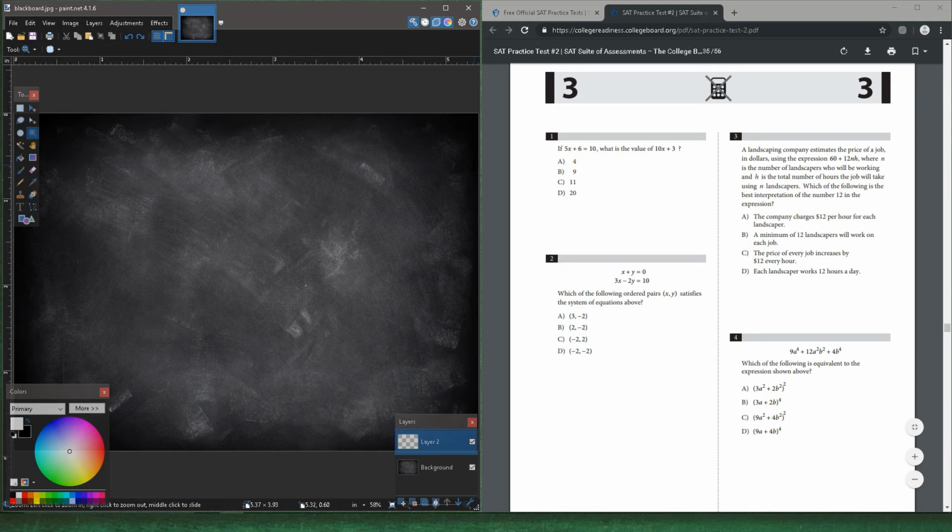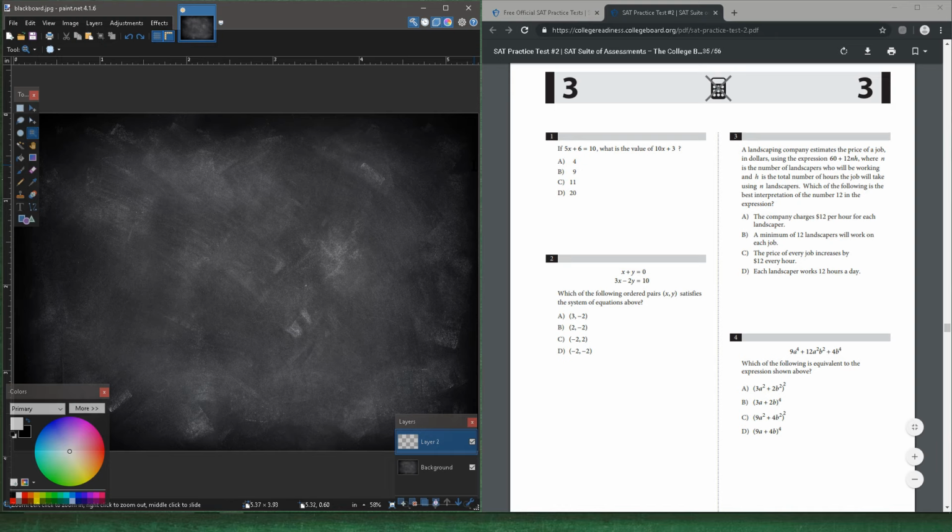So you know it will be a rate because it will be the number of landscapers times the total hours that each landscaper is working. So if it's the price of a job, it will be the price per landscaper per hour or something similar to that. So since it's a rate, A is pretty possible because it's per hour.